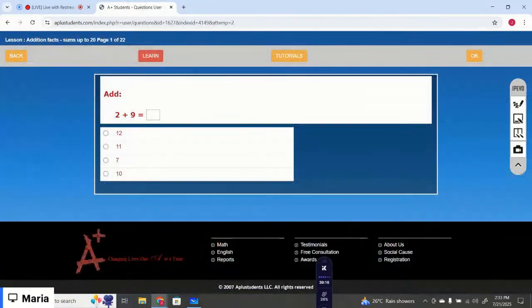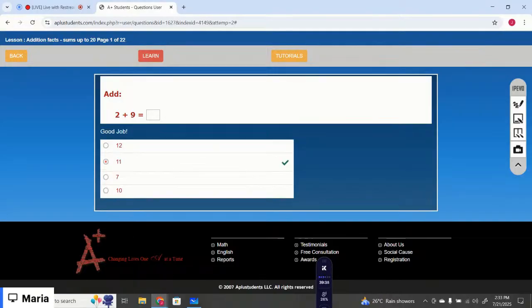Start with 9 and count up 2. That is 9 plus 2 makes 11. Option number 2 is the correct option.